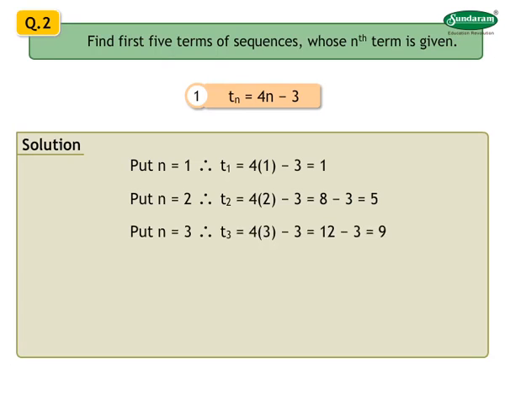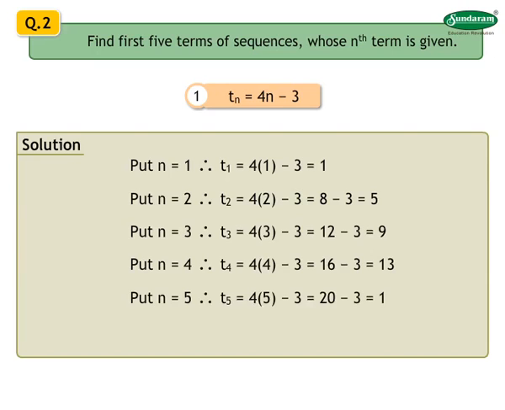Put n = 3. Therefore, T3 = 4 × 3 − 3 = 12 − 3 = 9. Put n = 4. Therefore, T4 = 4 × 4 − 3 = 16 − 3 = 13.